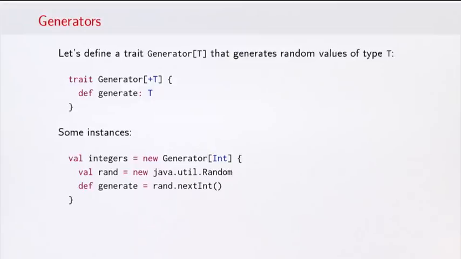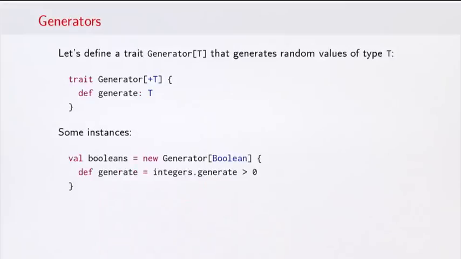The first instance generates random integers, so that would now be packaged as follows. The integers generator is a new Generator of type Int. It defers to the Java integer generator, and its generate method just picks off the next random number from rand, the Java random number generator.